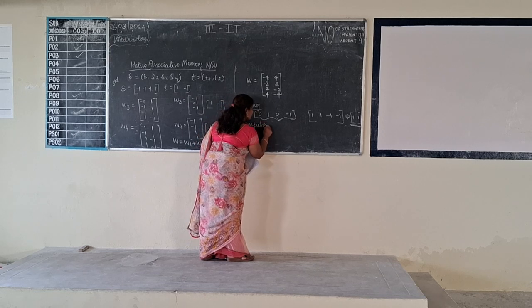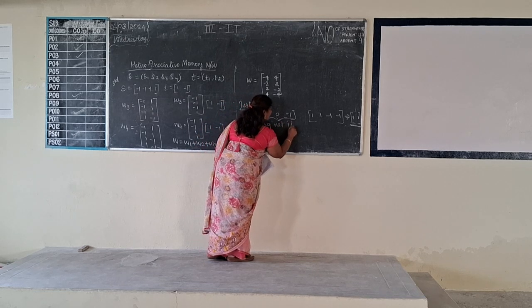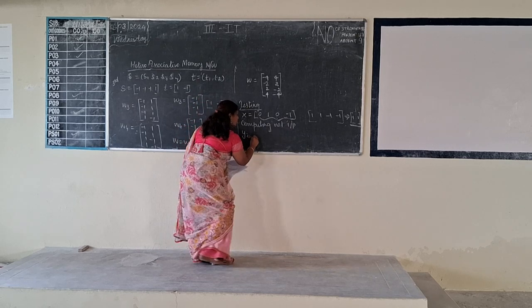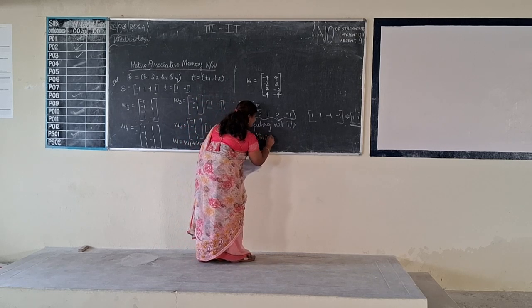So we will do now computing the net input. How do we do this? Y in 1, Y in 2.